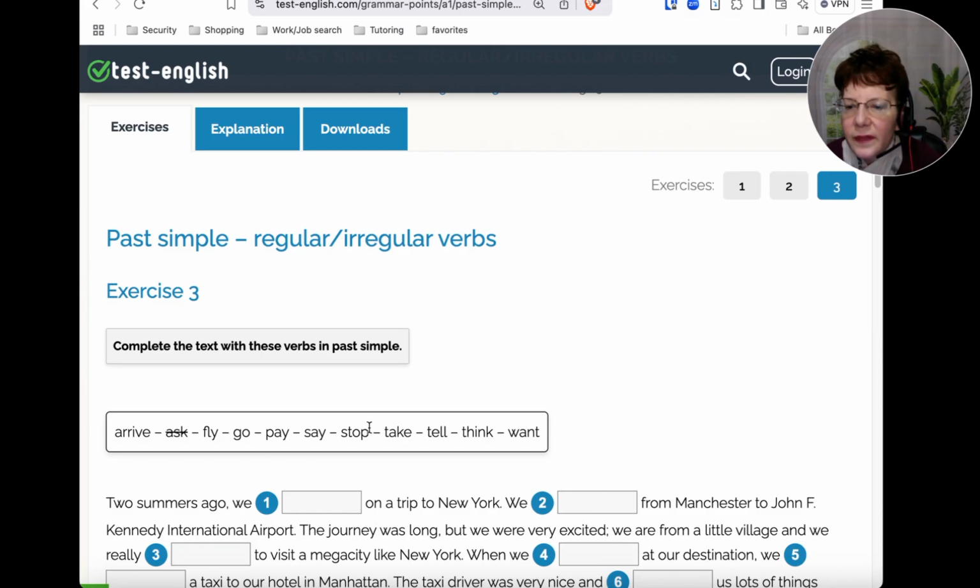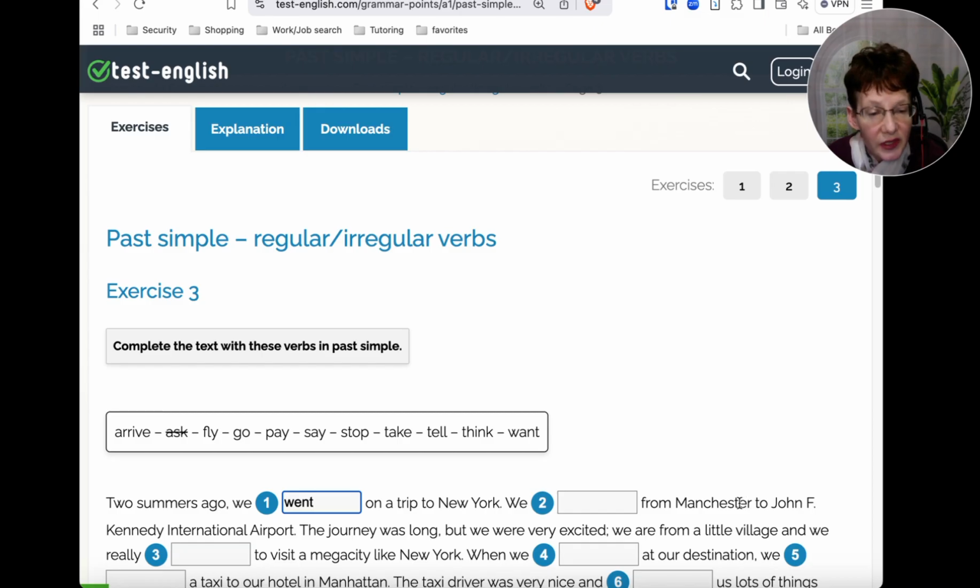So what looks like the correct verb here? So go, go is, but we want the past. So this is irregular. So for go is what? Went, right?